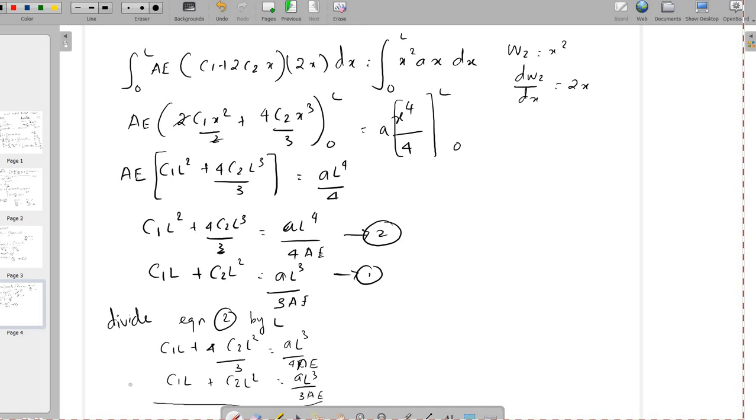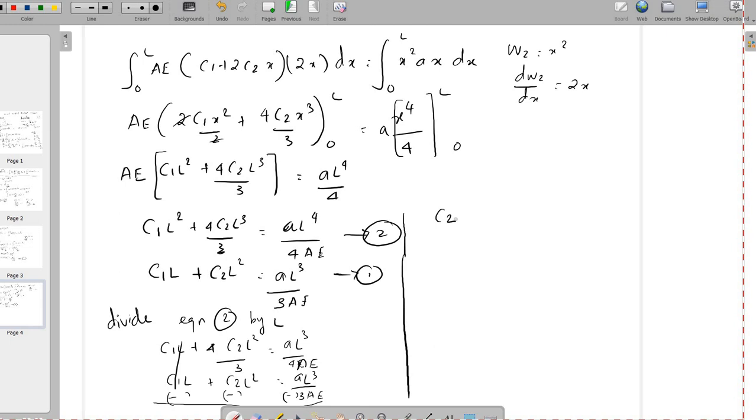So if you subtract, C1L gets cancelled. I am making a derivation here.